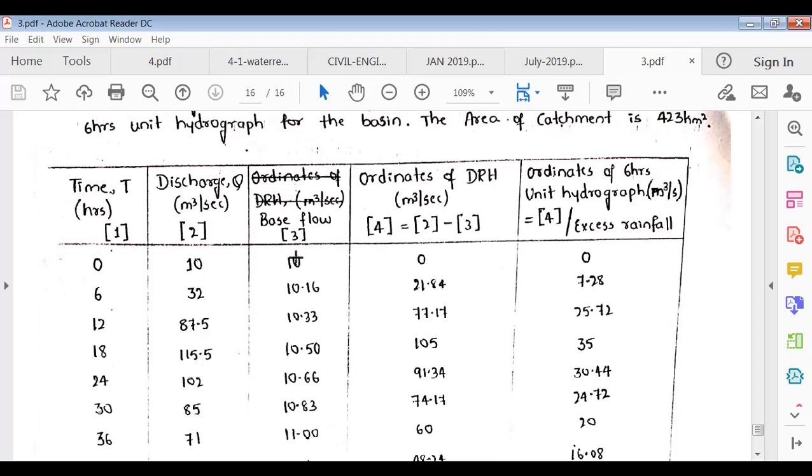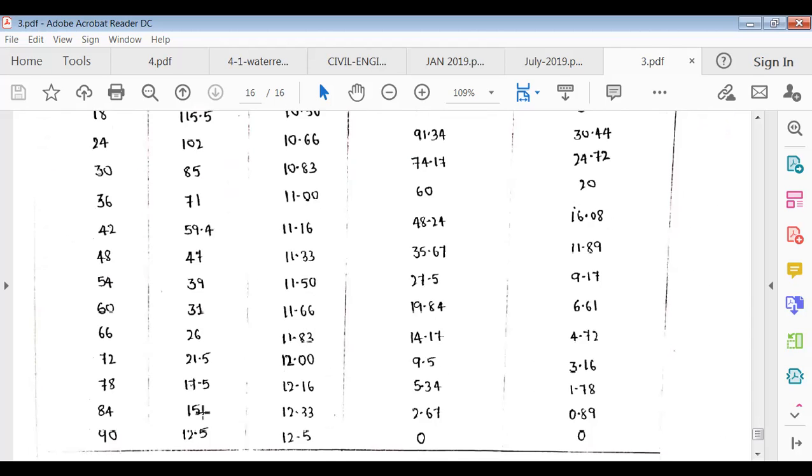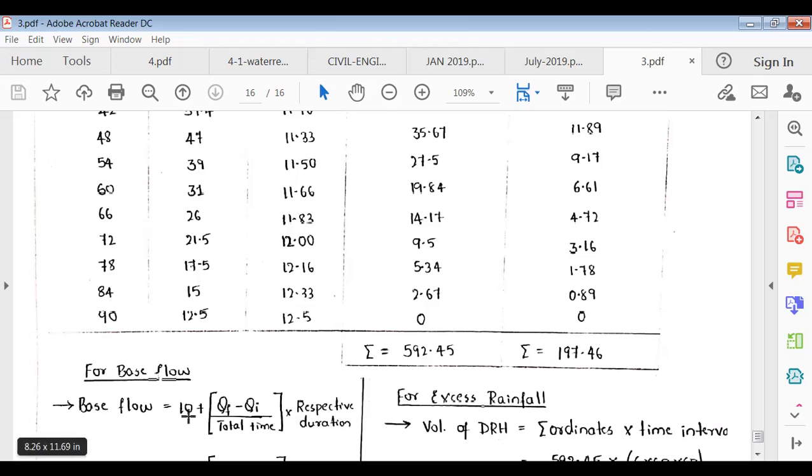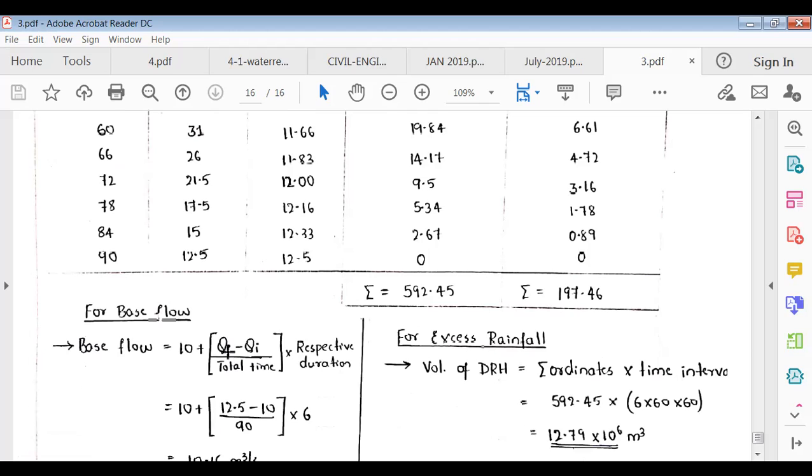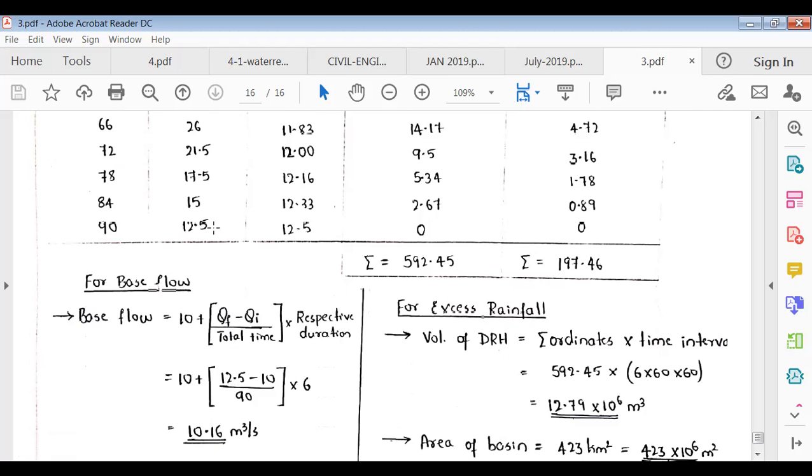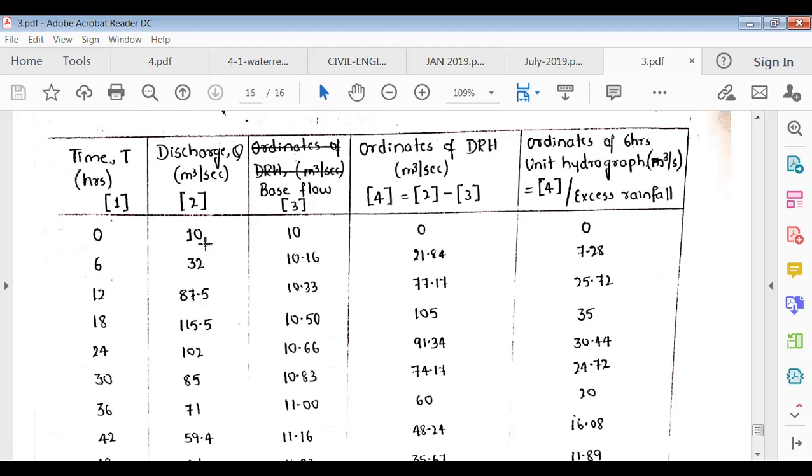There are two methods to calculate this, and first is the method which I'll tell you. The first flow value, the discharge value, is 10 plus the final discharge minus the initial discharge. So the final discharge is 12.5 at 90 hours, minus the initial discharge, that is 10.